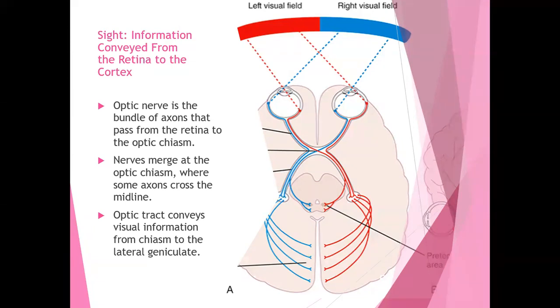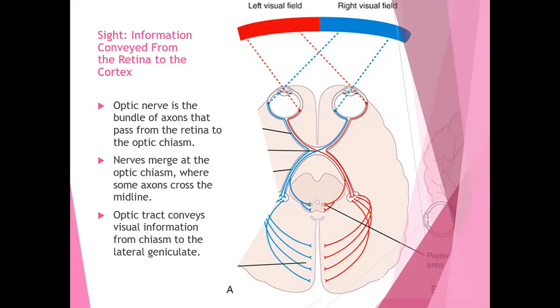The left half of the right eye crosses over and the left half of the left eye doesn't. The right half of the left eye crosses over and the right half of the right eye doesn't. When we look at some of the disorders, you'll see why this is important. We don't strictly have a right eye vision and a left eye vision. They coordinate together to give us the information that we need, which is super interesting.